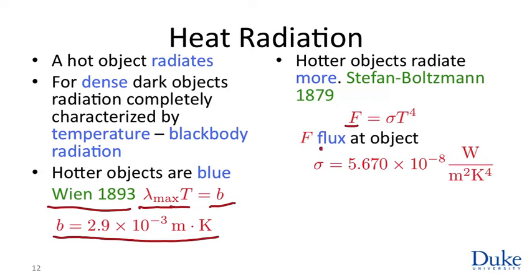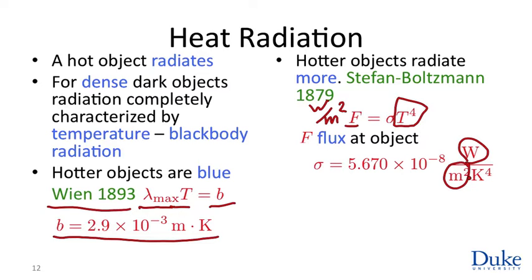So we need to normalize to the rate at which an object produces radiation per meter squared, that's F in watts per meter squared, and the rate at which each meter squared of an object radiates is proportional to the 4th power of the temperature in degrees Kelvin, and so doubling the temperature leads to a 16-fold increase in radiation, and the constant, the Stefan Boltzmann constant, sigma, has this numerical value in our units, and its units are watts per meter squared per degree Kelvin to the 4th.